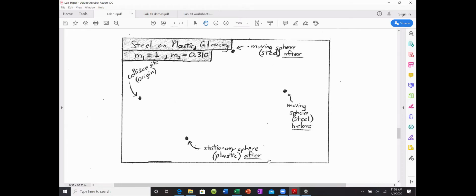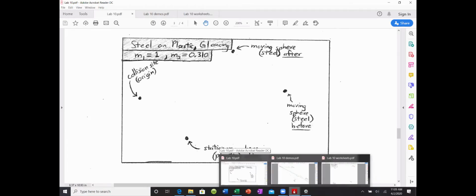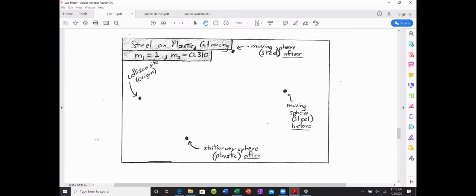Okay, what will that actually look like? Lab 10 demos is for you to kind of see what somebody has done in a past semester for drawing all these vectors.